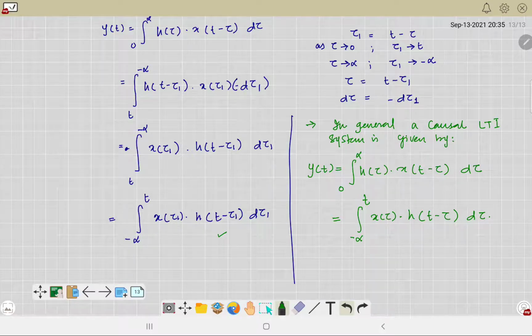Okay, but the important thing here is for an LTI system to be causal, its impulse response should be 0 for t less than 0.